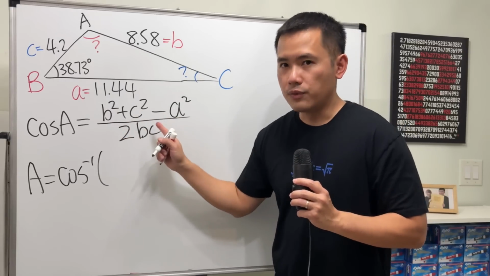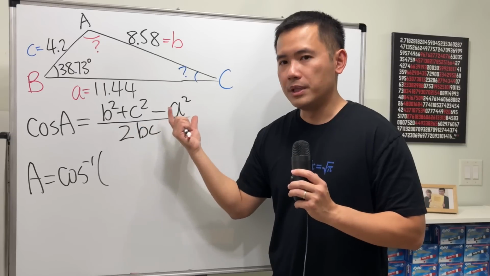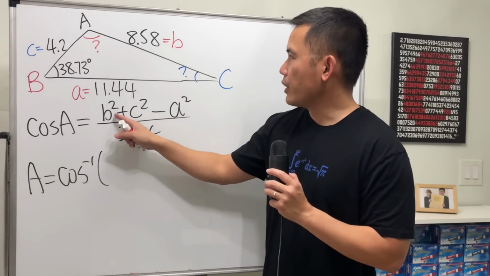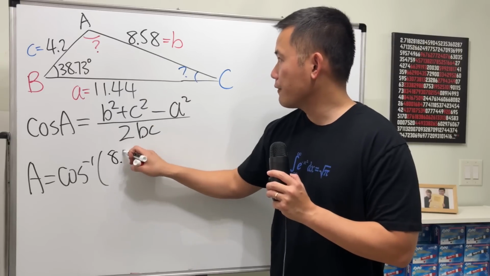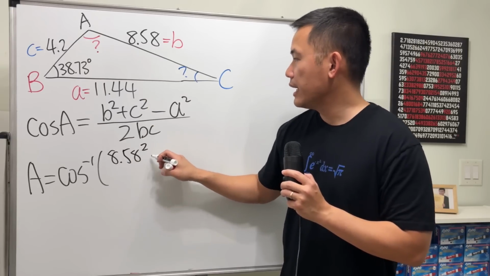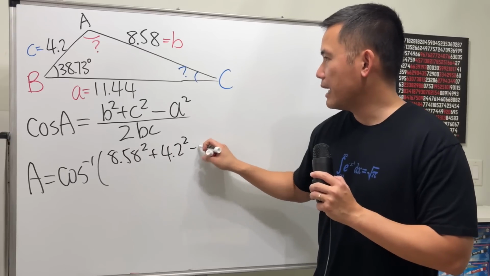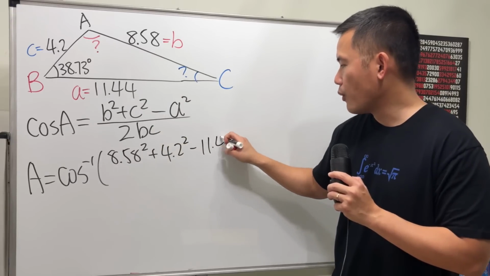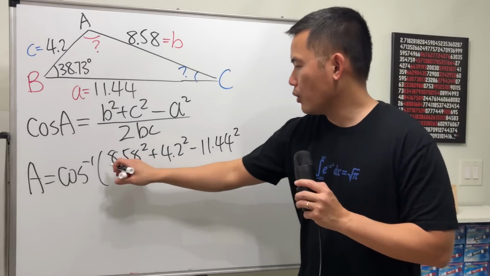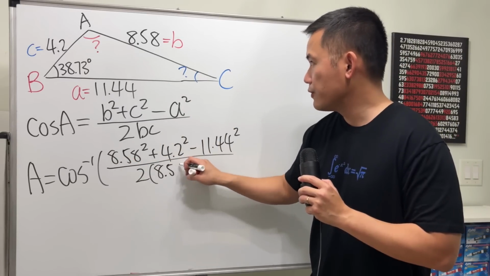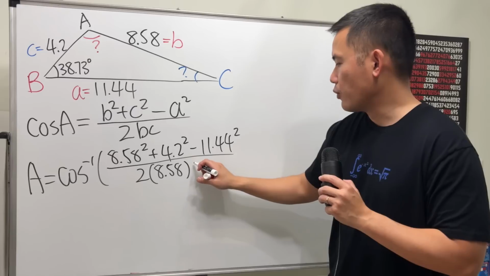In order to use this formula, all 3 sides have to be given, so that's why I gave them as well. B squared is this, so that's 8.58 squared, and then plus c squared is 4.2 squared, and then minus a, which is 11.44 squared, and then all over 2 times b, which is 8.58, c is 4.2.